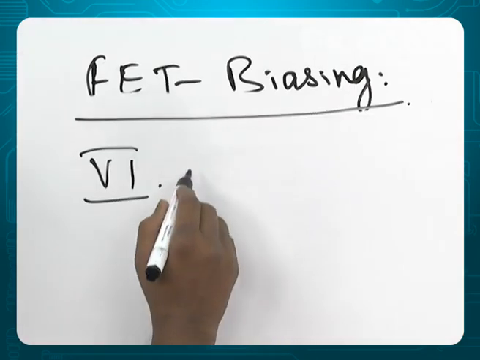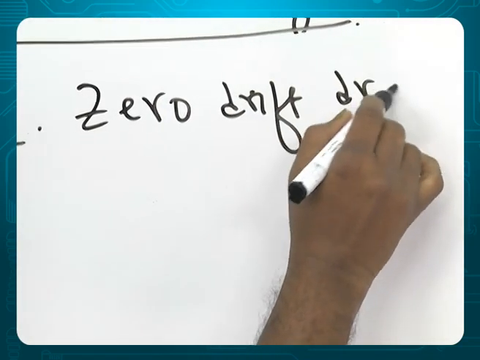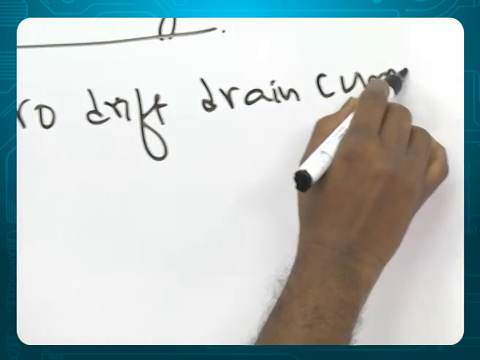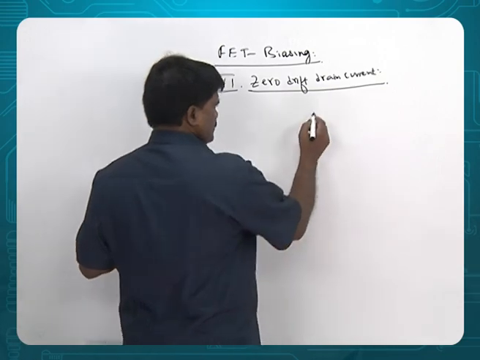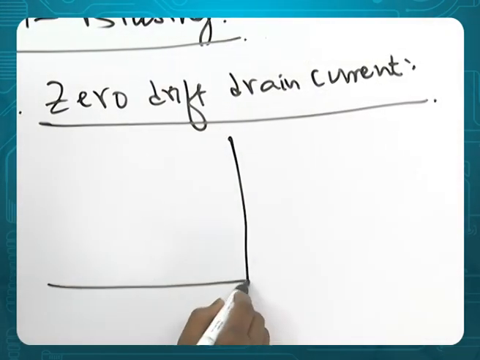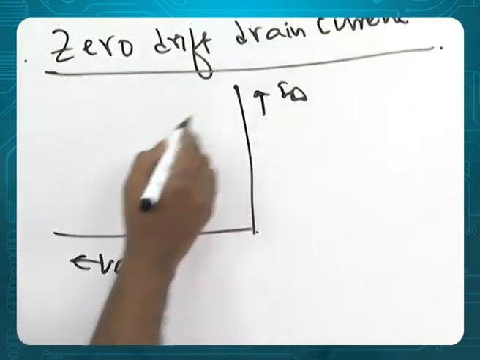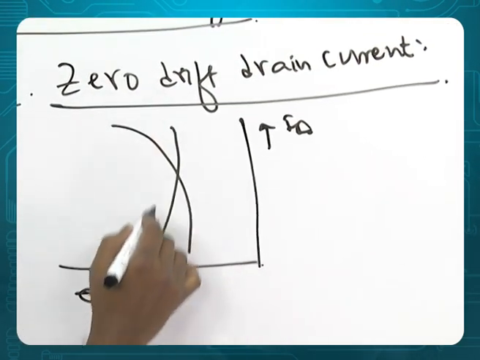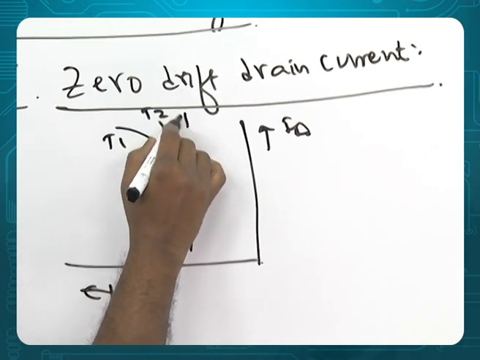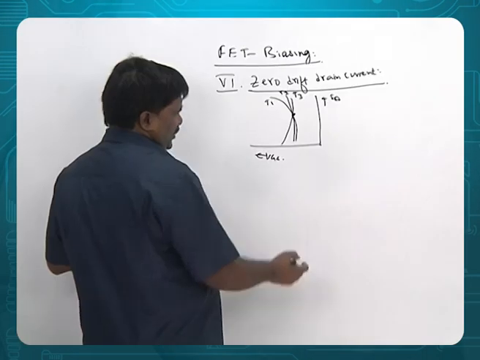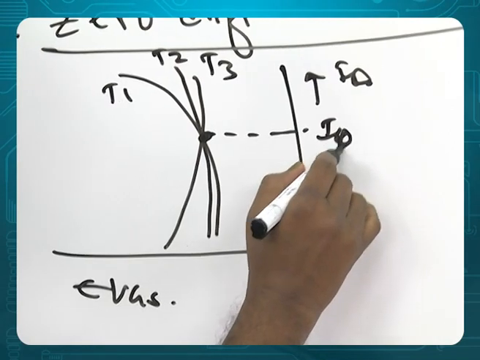Sixth point, zero drift drain current. For example, VGS versus ID, temperature 1, temperature 2, temperature 3. If all curves pass through this point, this is called IDQ.